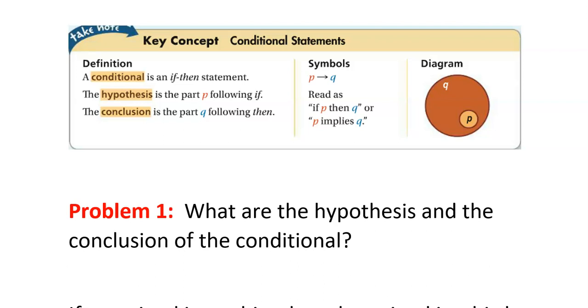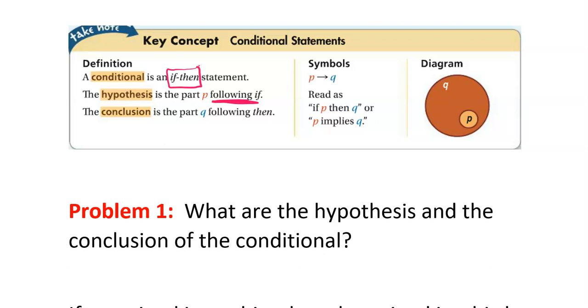When you're looking at a conditional, the if part is the hypothesis. The then part is the conclusion. So they're actually just breaking it down. First of all, you see the if-then statement. Hypothesis is the part following if. It doesn't include the if, it's just the part following it.